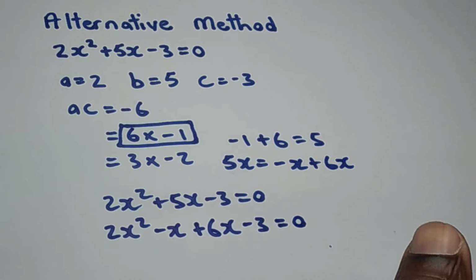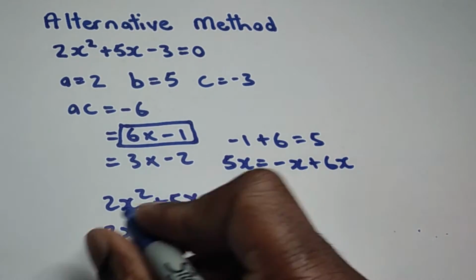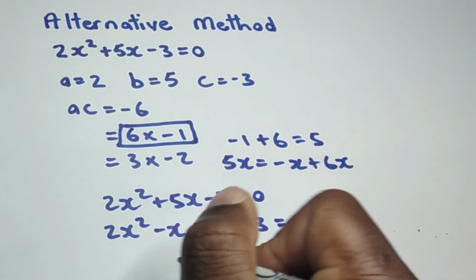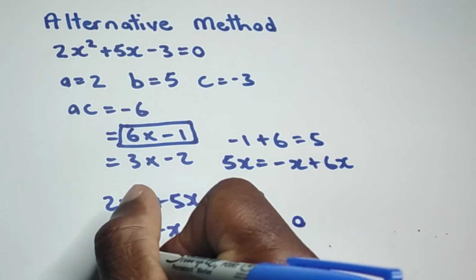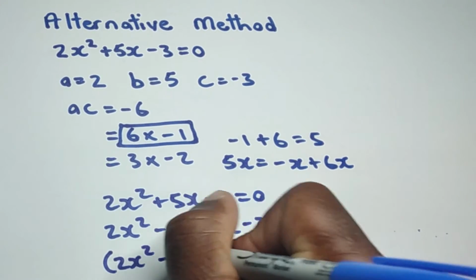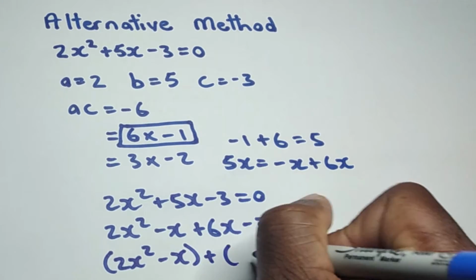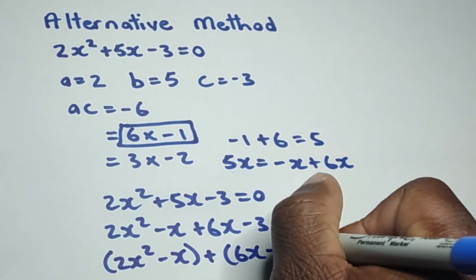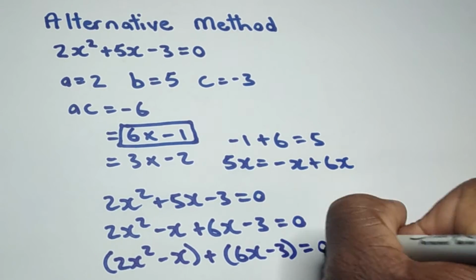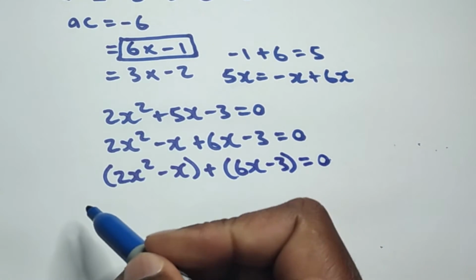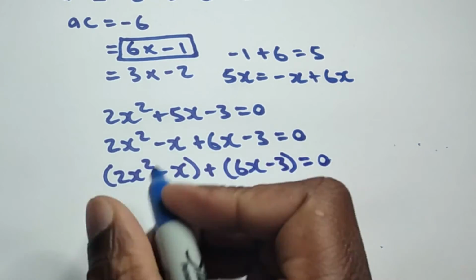Now, what can we do now? We can group the first two terms and the last two terms. All right. So we can have 2x squared minus x in one bracket, and we can have 6x minus 3 in the other bracket.